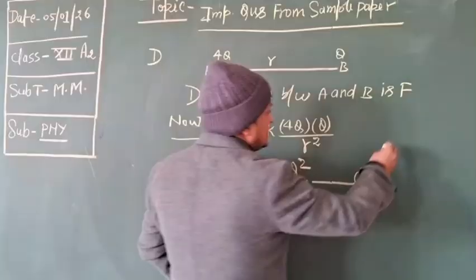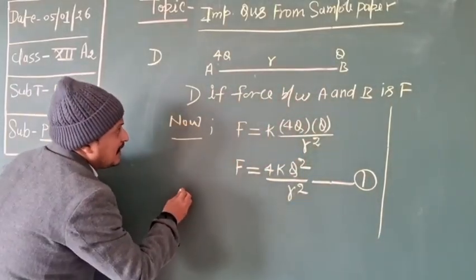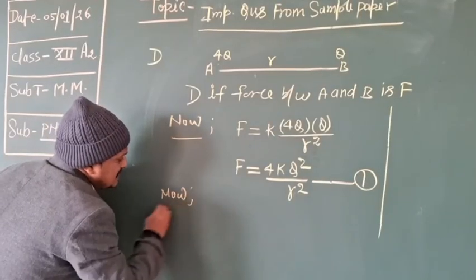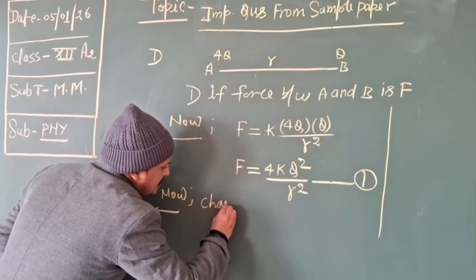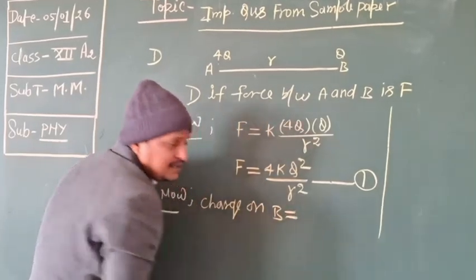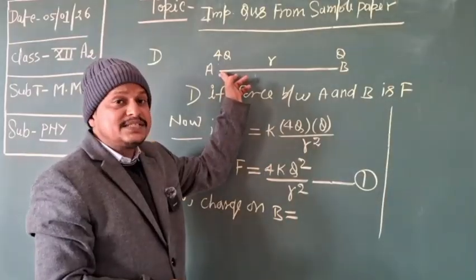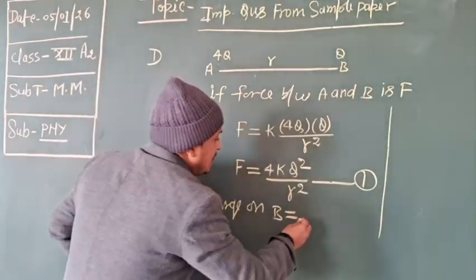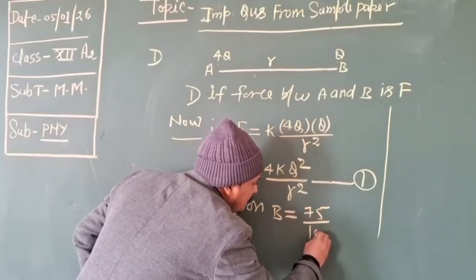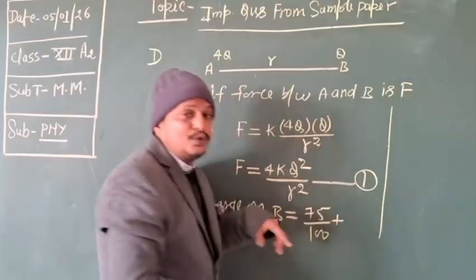After transfer, the charge on B is equal to its own charge plus 75% of the charge from A. You can write 75% as 75 upon 100. Transfer means plus to B.